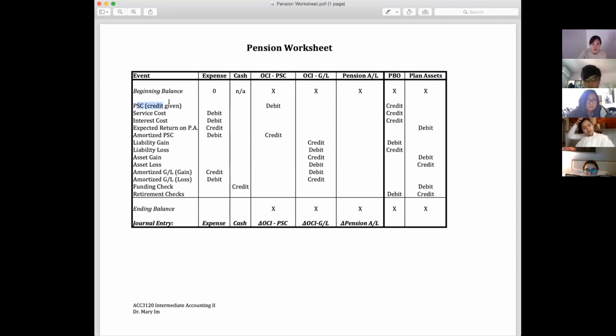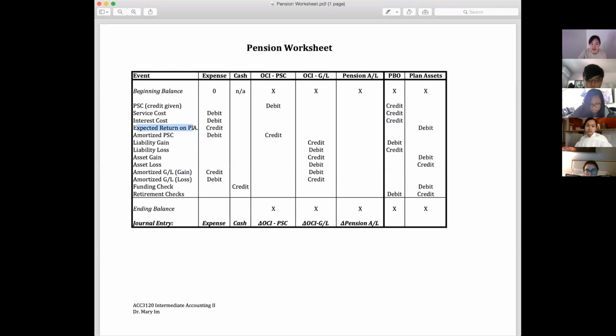By the way, if we have prior service cost, that affects the OCI, and then interest cost affects pension expense as well as PBO.